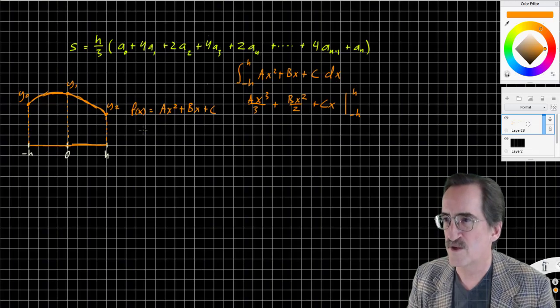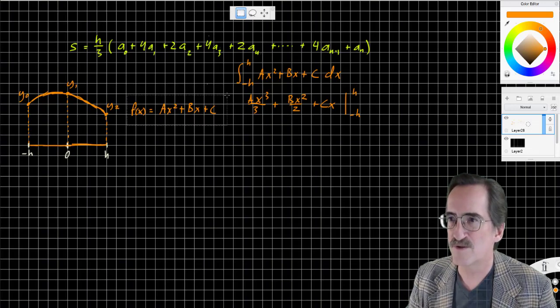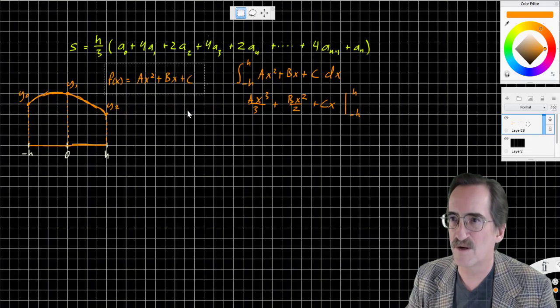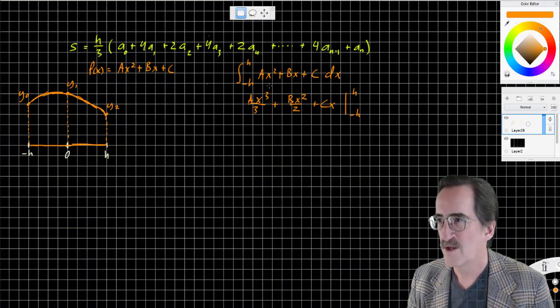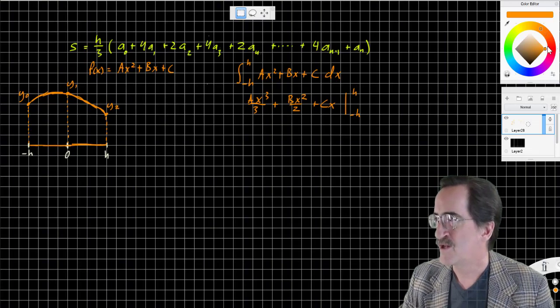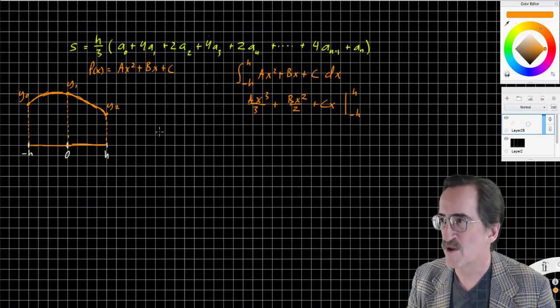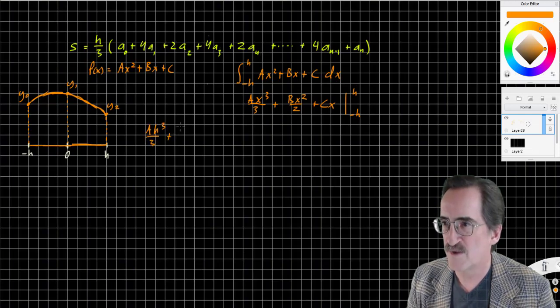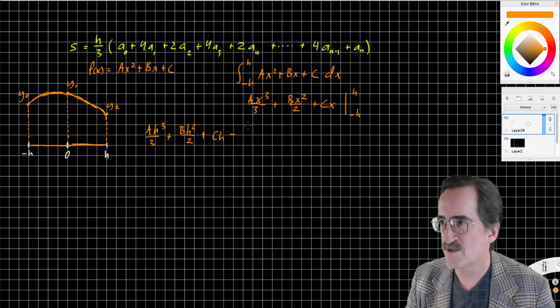I'm going to rearrange some things, one thing I can do with computers that is difficult to do with paper. I'm going to move my f of x out of the way. So we're going to plug in h. This is ah cubed over 3 plus bh squared over 2 plus ch, minus quantity.